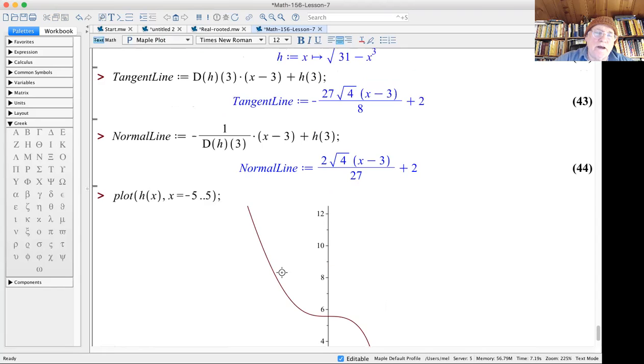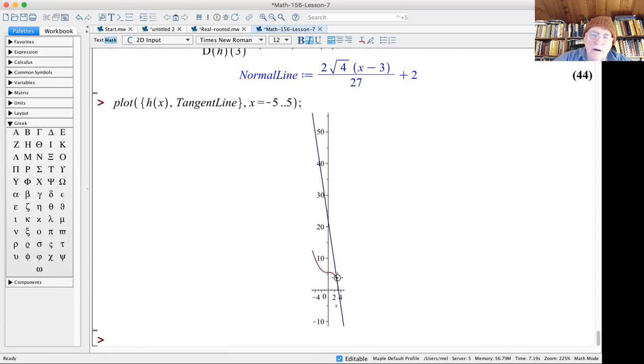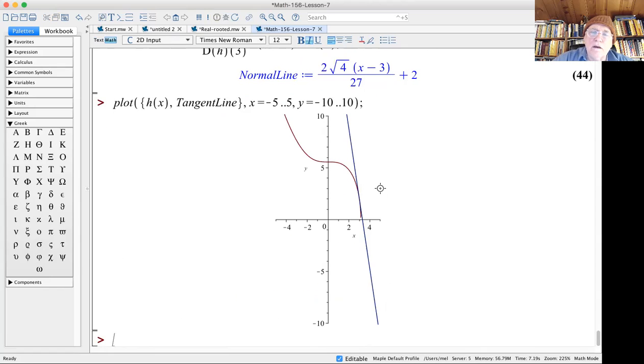We also want the tangent line, so put in curly brackets. There is the tangent line. Yeah, there's the tangent line.